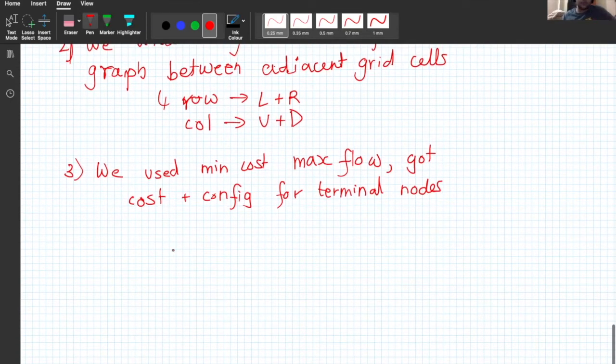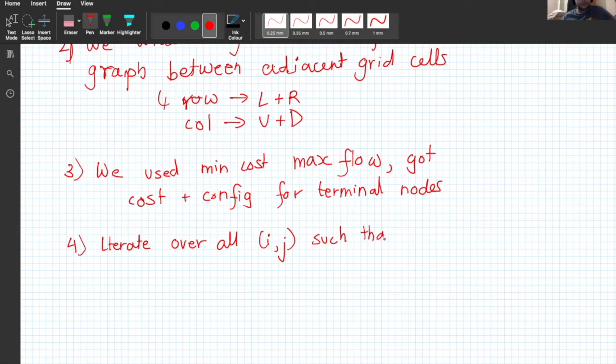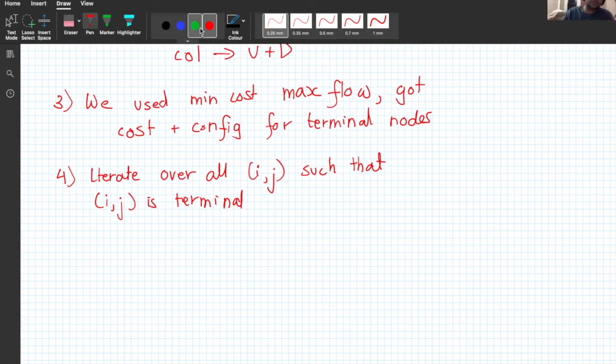Then for non-terminal nodes, we iterate over all ij such that ij is terminal. Now, inside this, what do we do?